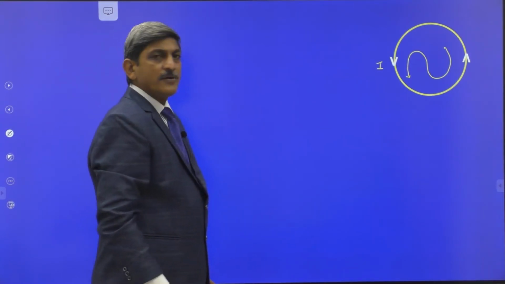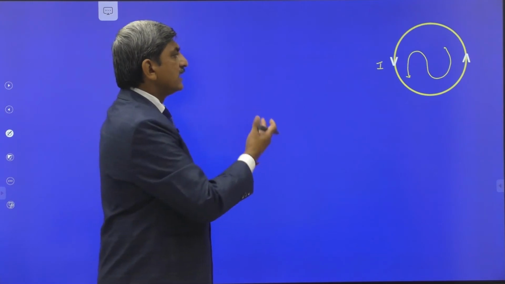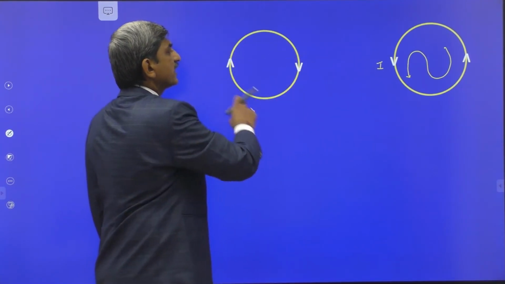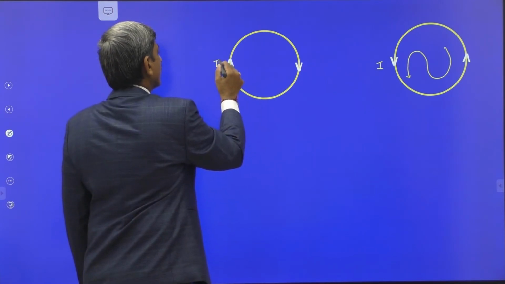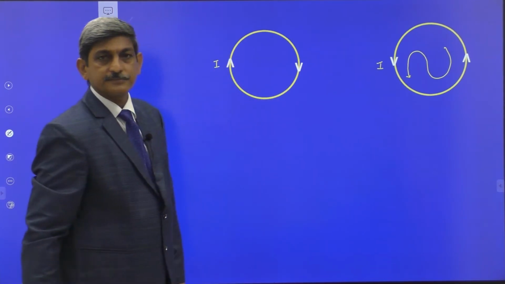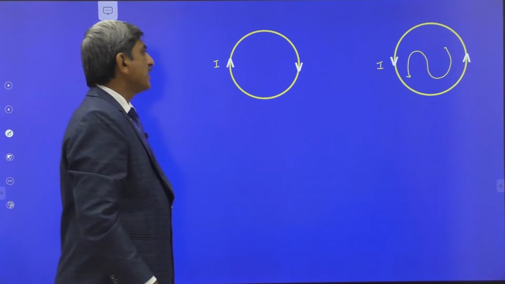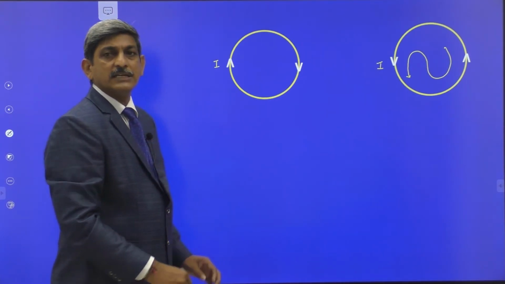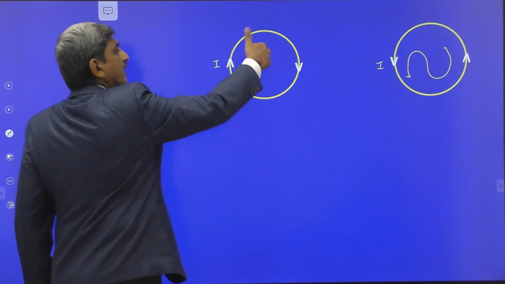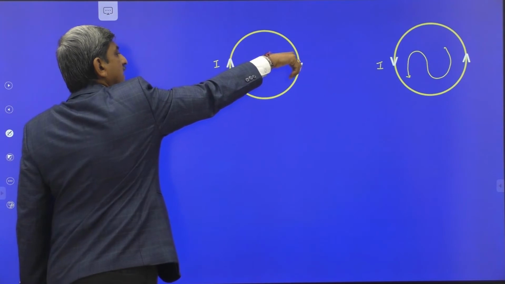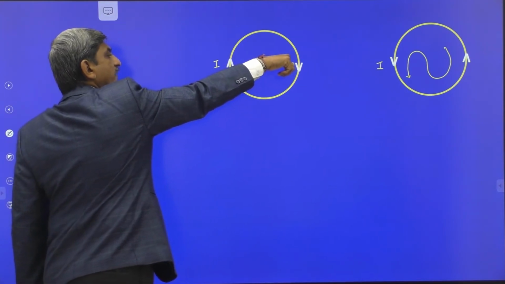If we consider the current carrying coil in which the current is in the clockwise direction like this, then what happens? In this case, again use the same rule to determine the direction of the magnetic field. Keep the curling fingers in the direction of the current, and the thumb indicates the direction of the magnetic field.